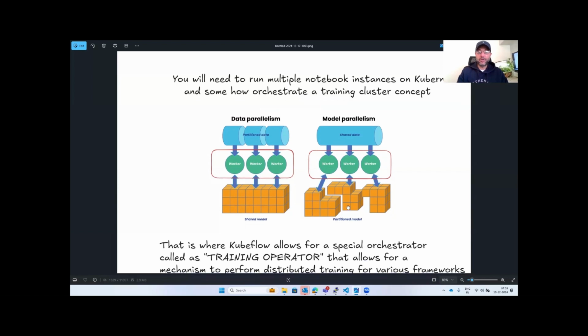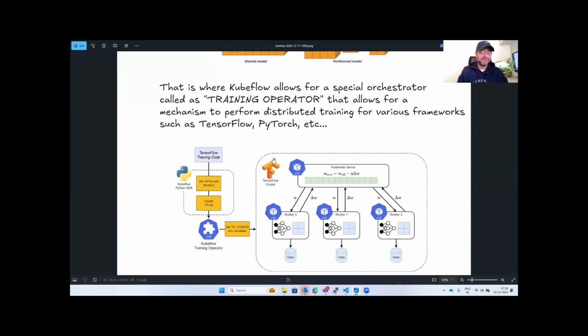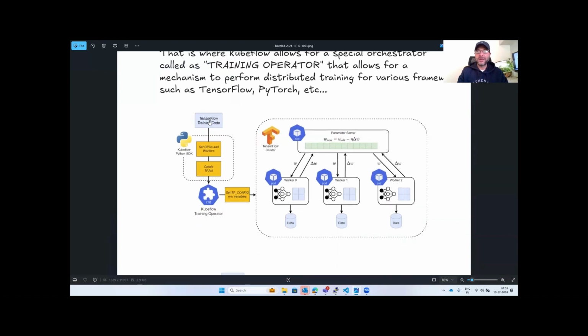Today we will be looking at just a visual. I'll supply this file after the training. When you are running TensorFlow training code, the training operator will construct these replicas, and based on certain inputs, these replicas will be spun up.